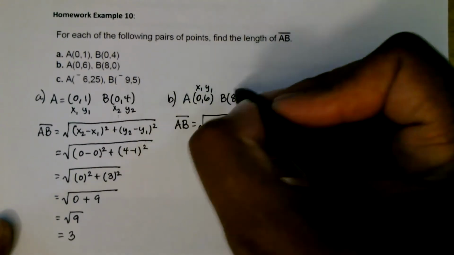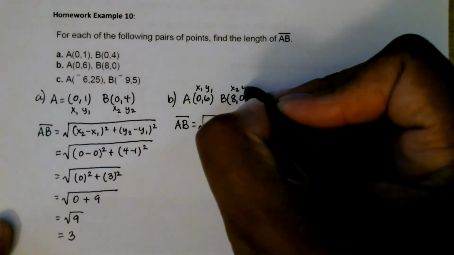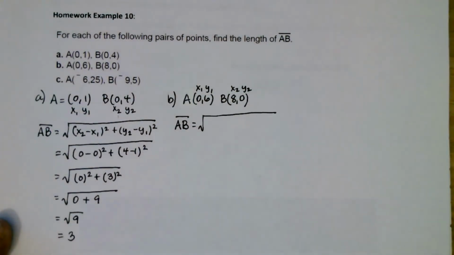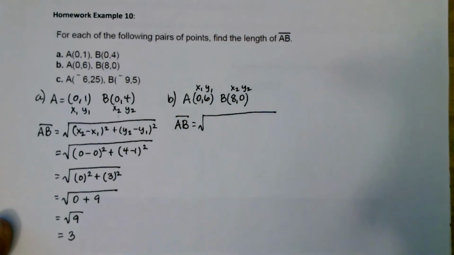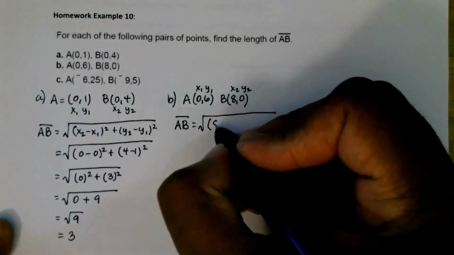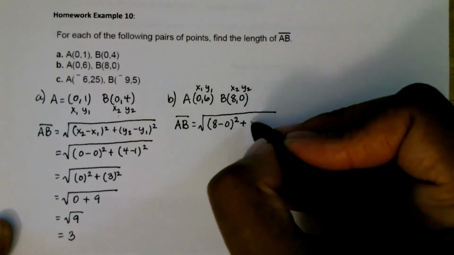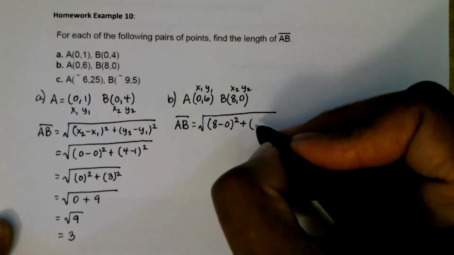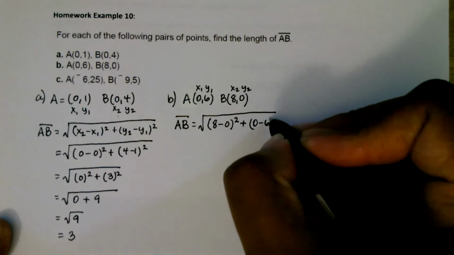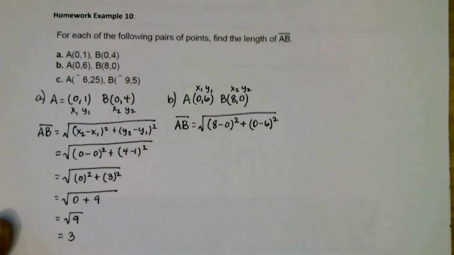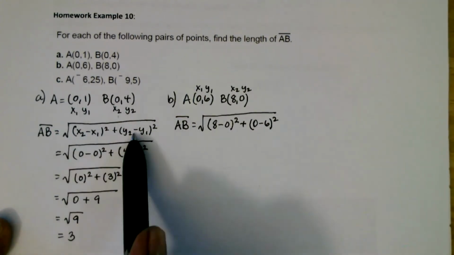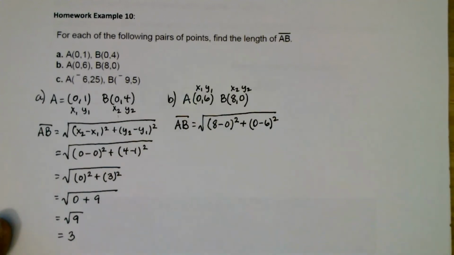This will be x1, that's y1. The second ordered pair will be x2, y2. So x2 minus x1 is 8 minus 0, that quantity is squared, plus y2, which is 0, minus y1, which is 6, and that quantity will be squared. So I'm using this distance formula, just substituting x1, x2, y1, y2.